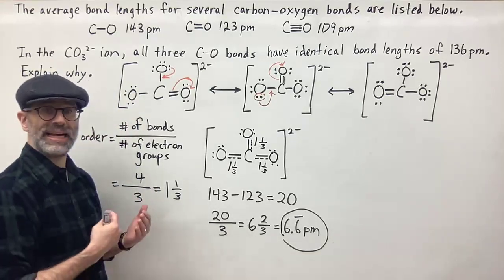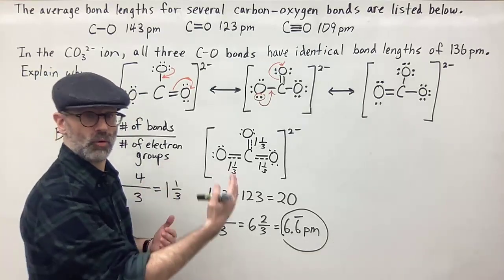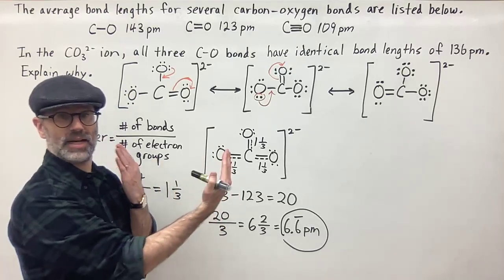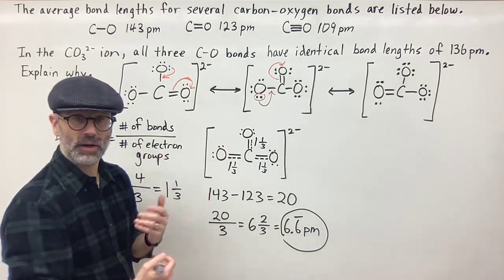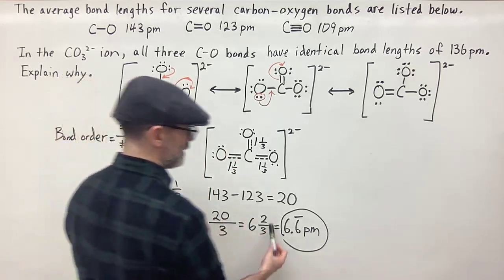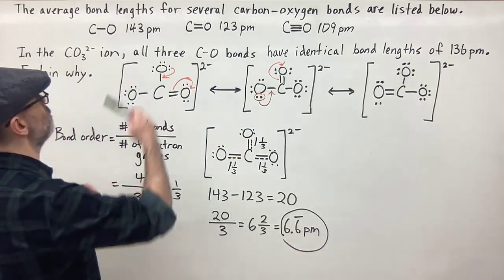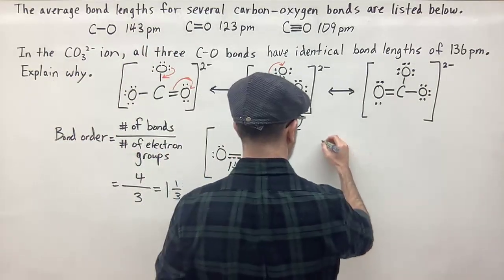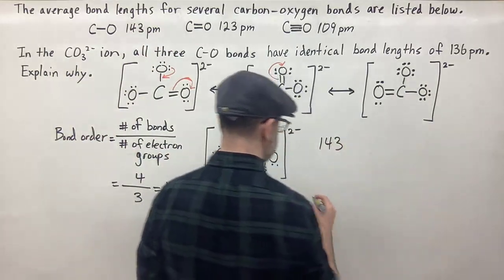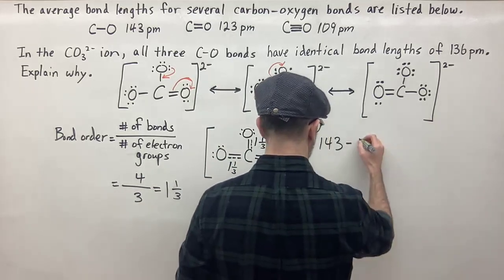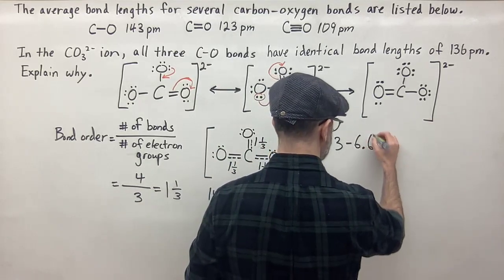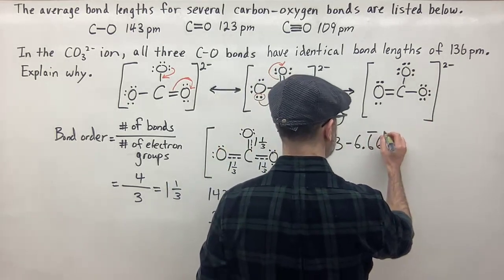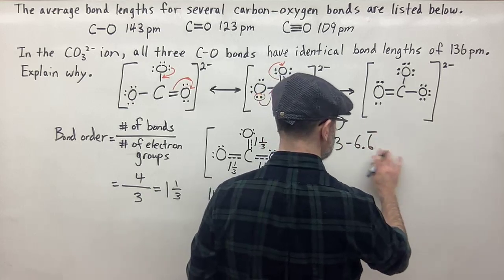So if we're going to increase the bond order from 1 to 1 and 1/3, then we're going to decrease the length by 1/3. And so we're going to decrease the length here, 143, by 1/3. So we take 143 and we subtract 6.6 continued.